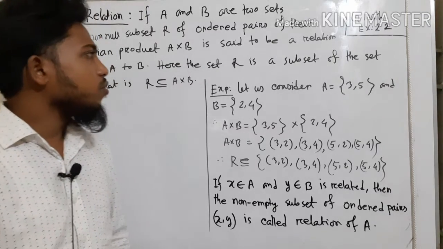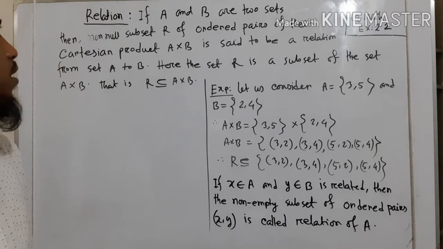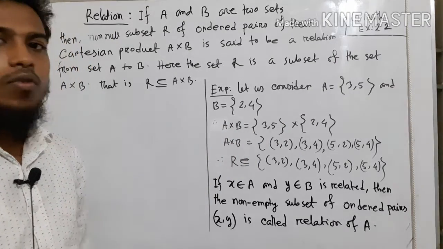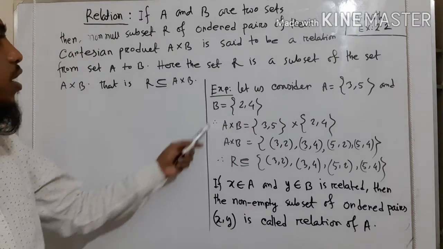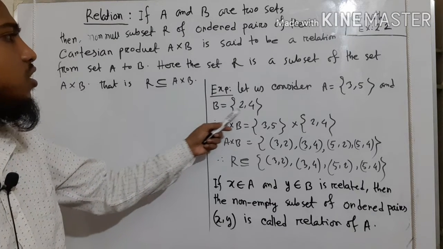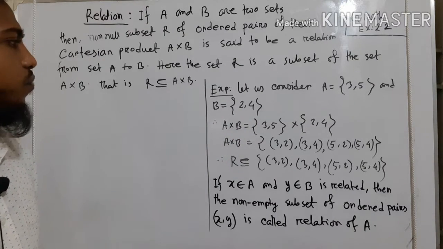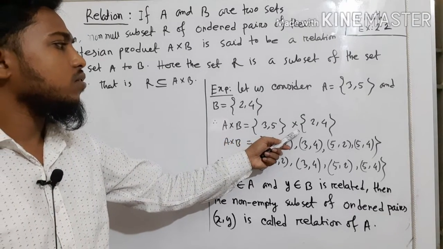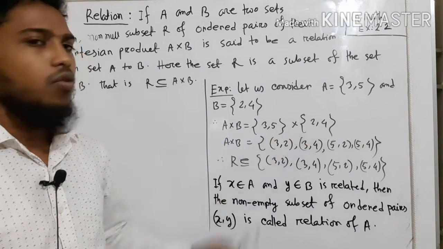So, if you want to find the relation between two sets A and B, first of all you have to find the cross multiplication or Cartesian product between the two sets. So, A cross B equal to {3, 5} cross {2, 4}.